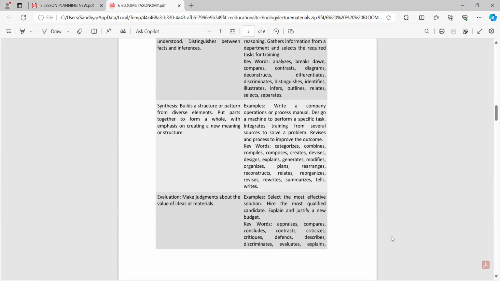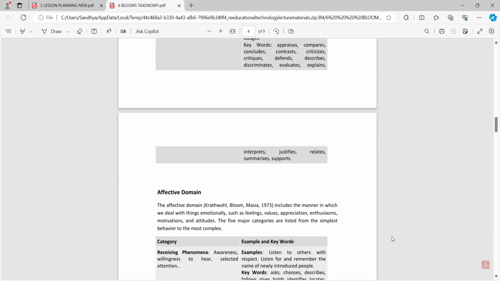That is actually the creation or evaluation. They are higher level. Normally in primary school, you can't actually achieve higher levels. You have to cater to LOT only. But when they go to upper grades, you have to cater to the HOT activities, thinking as well. Is it clear?